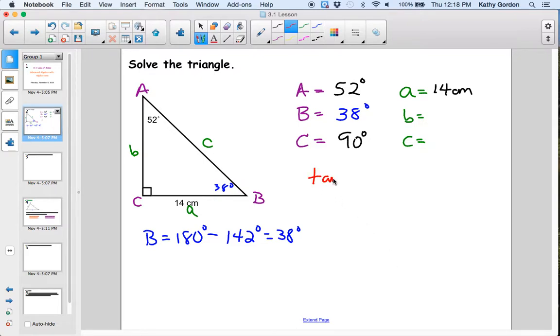Tangent of what? 52 is going to equal A over B. And A is? So that's one possibility. What would be another possibility?